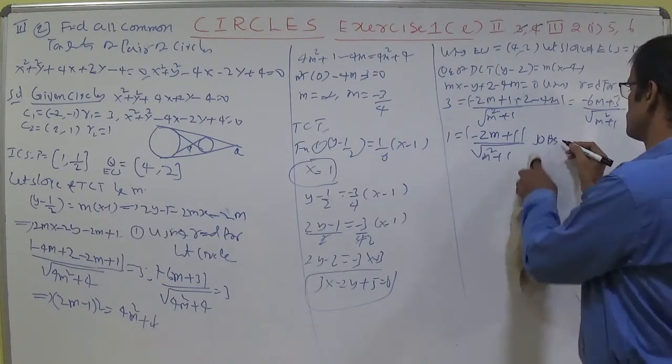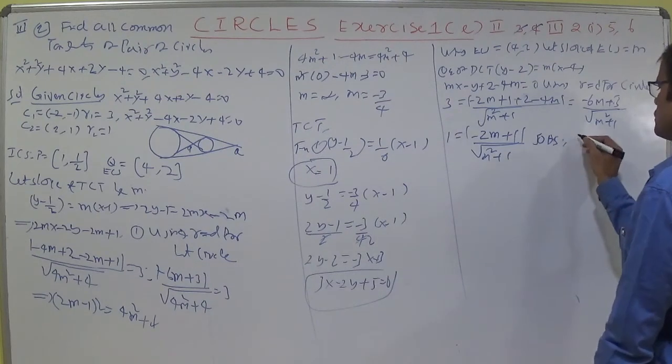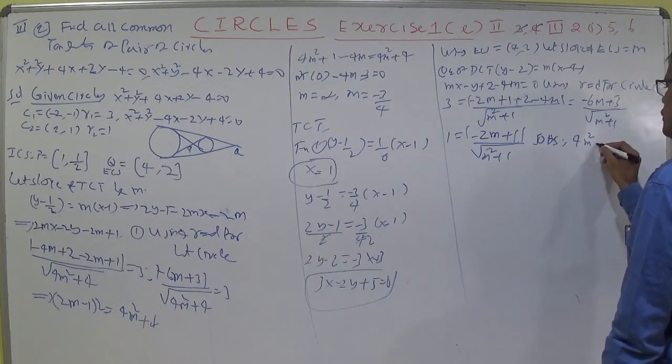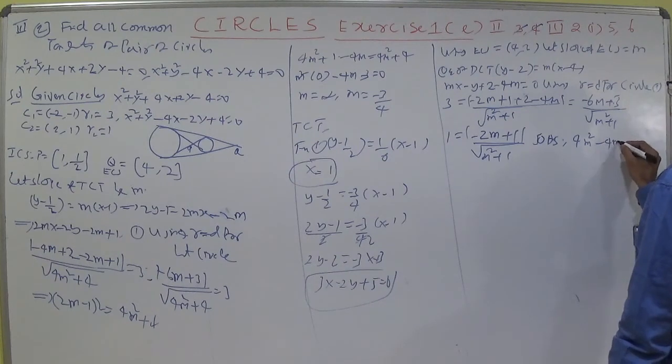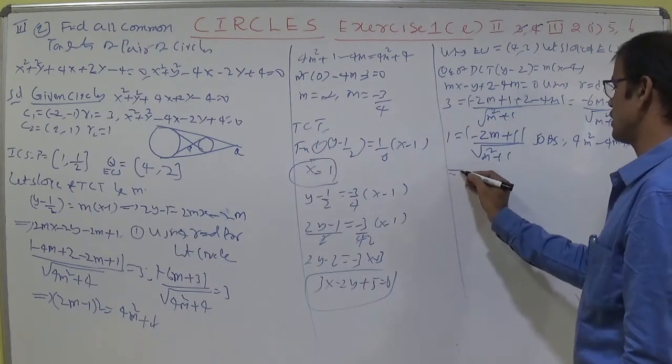By squaring both sides we get, students, 4m square minus 4m plus 1 is equal to m square plus 1. 1 and 1 will be getting cancelled.